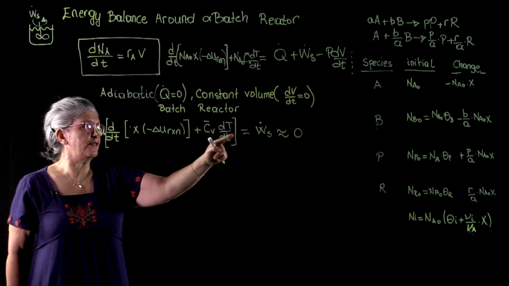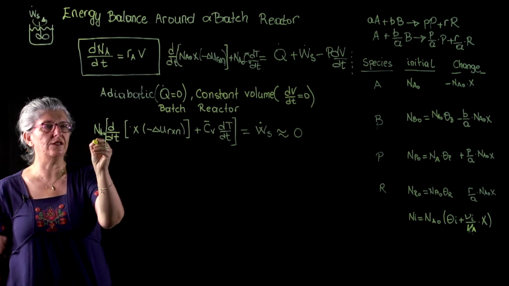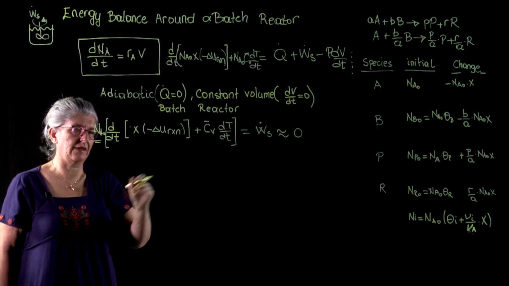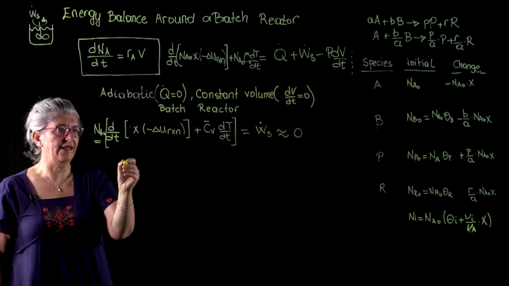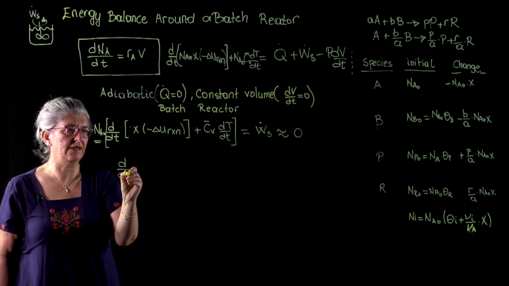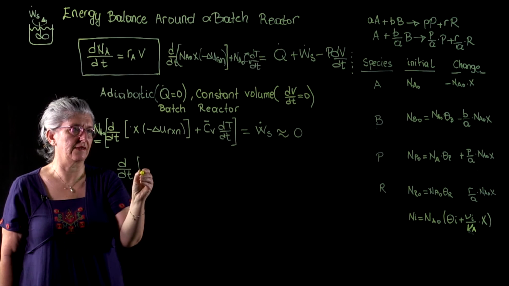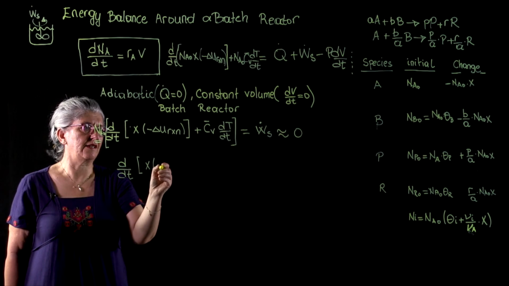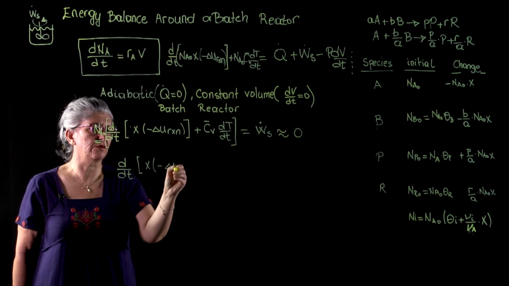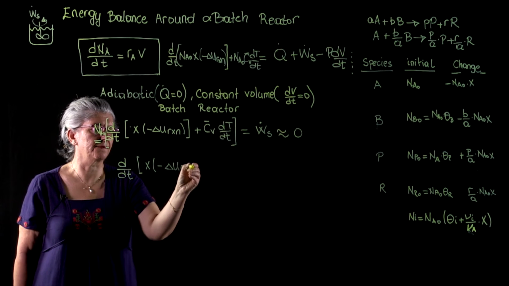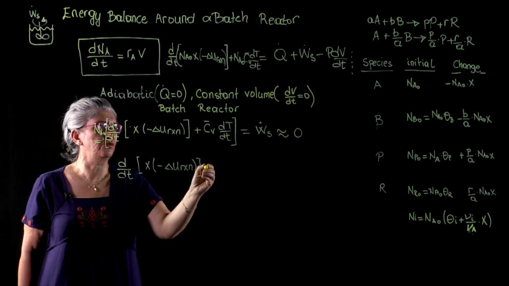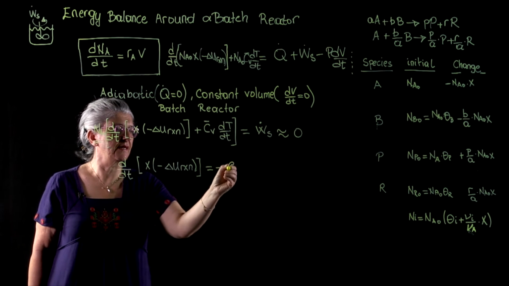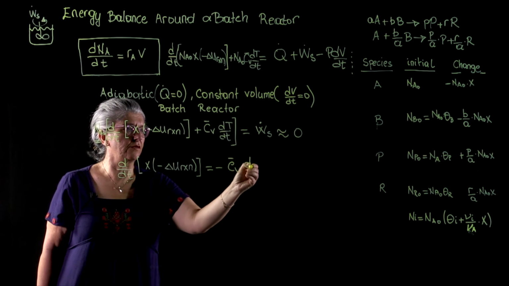Now if the shaft work term becomes 0 and drops out of the equation, then d over dt of x times minus delta U reaction is equal to minus Cv bar dT over dt.